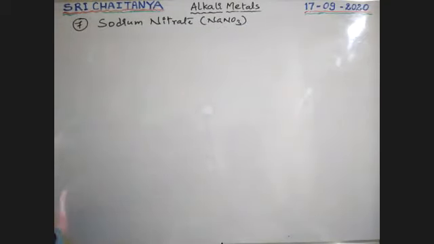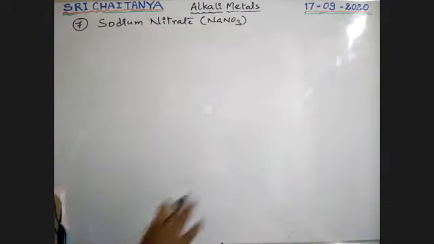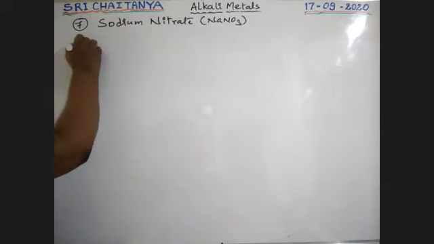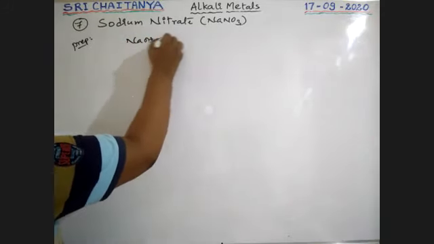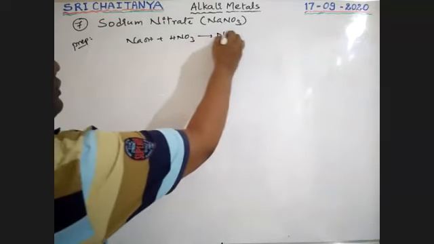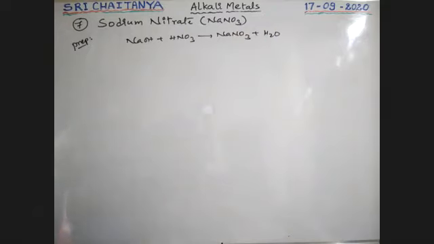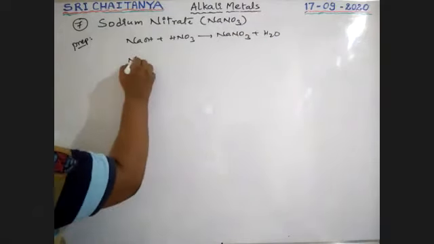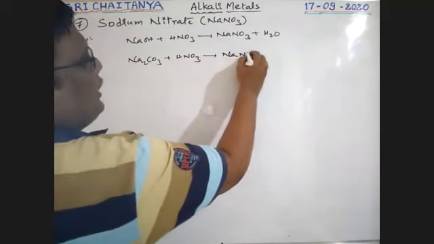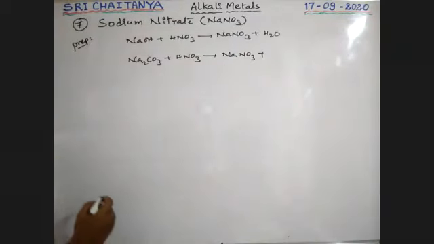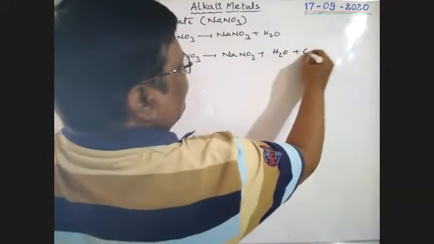Okay, preparation. It is a salt, boys. NaOH plus HNO3 gives NaNO3 plus H2O. Acid plus base gives salt. That is one preparation method. Also, Na2CO3, a base, when it reacts with HNO3, gives NaNO3 plus H2O plus CO2.